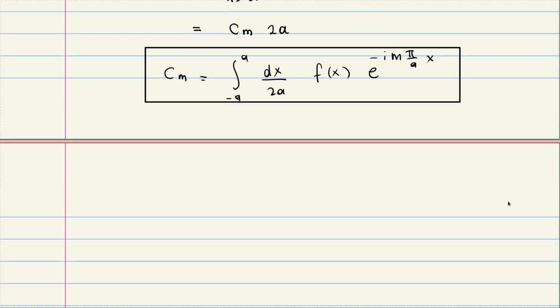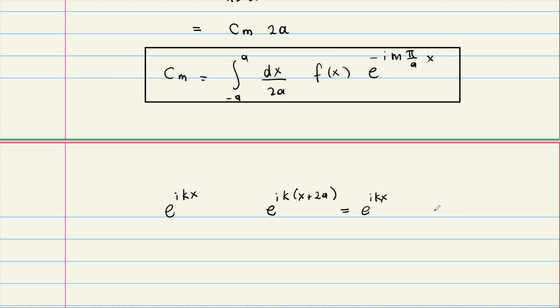Now, even if we started with these exponentials, we could also see that these are e to the i kx kind of solutions. This is also a solution of Schrödinger equation. And if I require periodic boundary conditions, e to the i k (x plus 2a) is equal to e to the i kx.